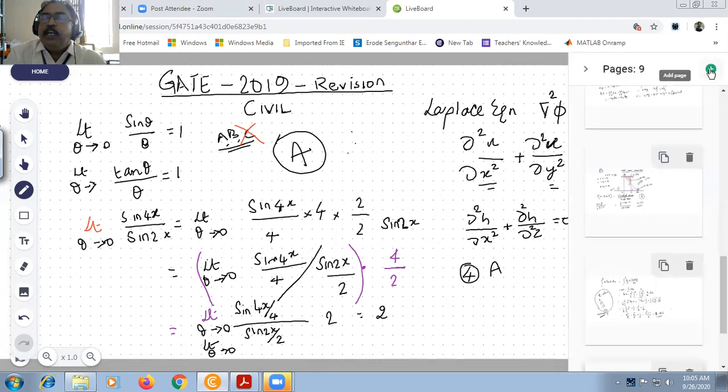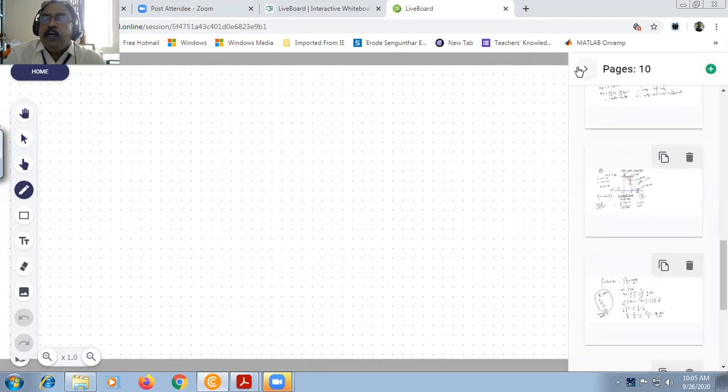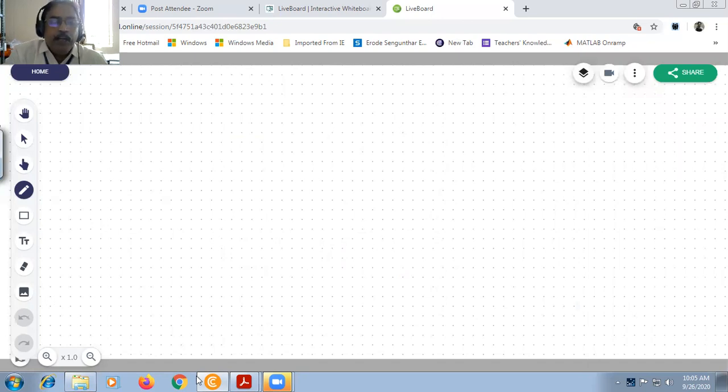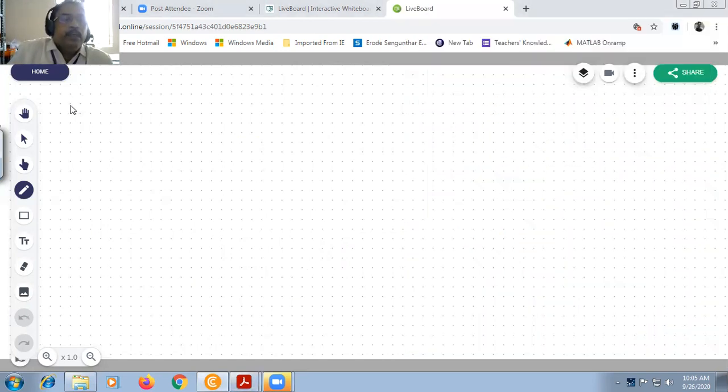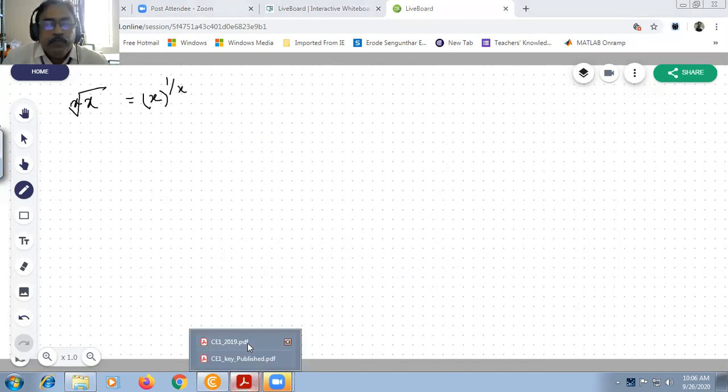The statements are based on maxima and minima. The problem is based on maxima and minima. Which of the following functions: x power 1 by x, that is the problem.